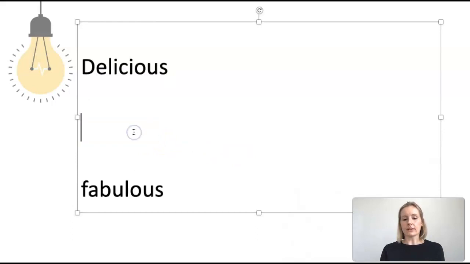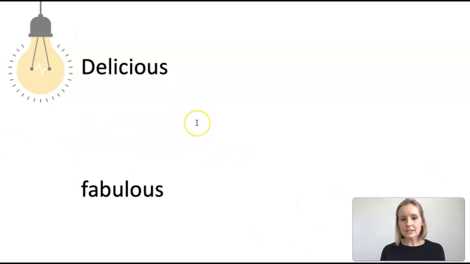So I'm going to get rid of that because we've talked about that. Delicious is a little bit trickier because that root word is not very clear. But if we teach words like malicious and gracious and vicious, where it's easier to see the root, then we say, well, this is the same pattern. We have to keep that sh sound in there, so it has to be C-I-O-U-S. Same with fabulous.